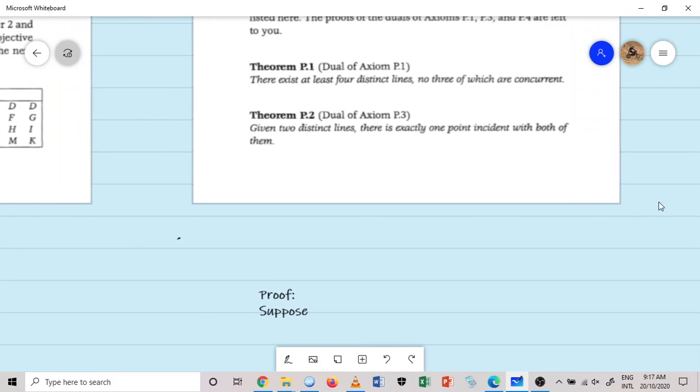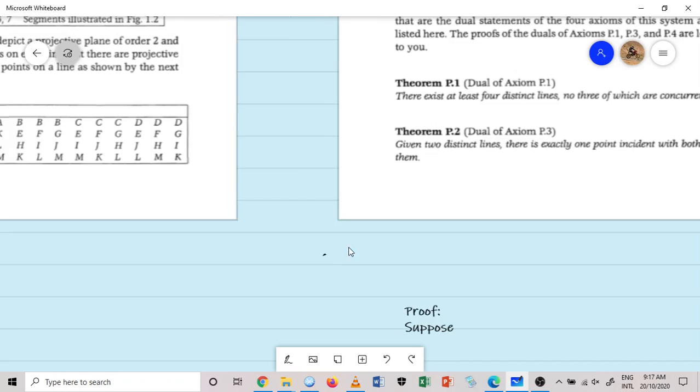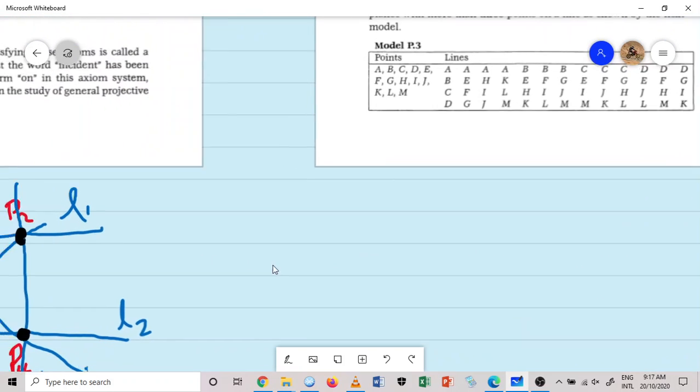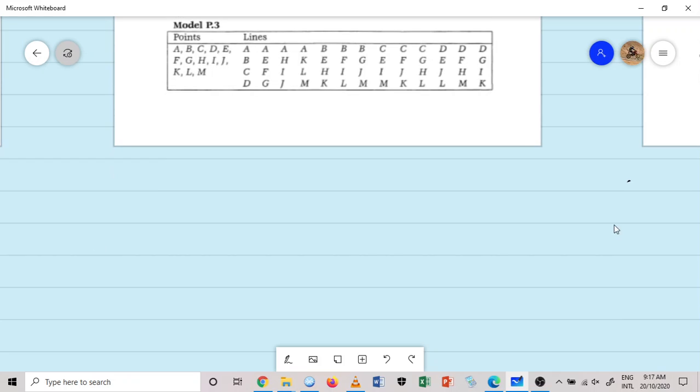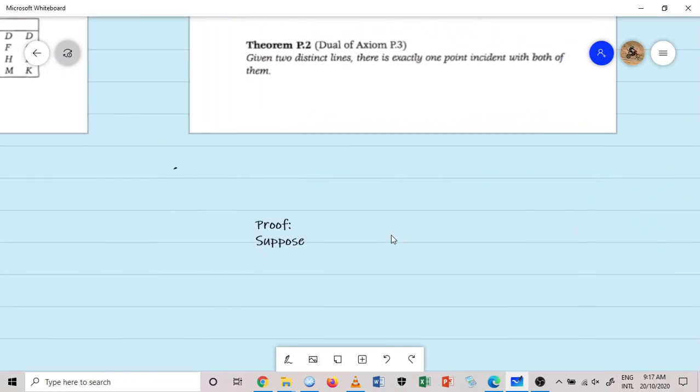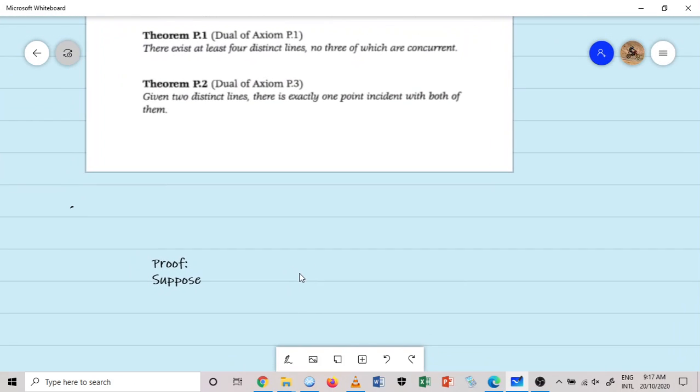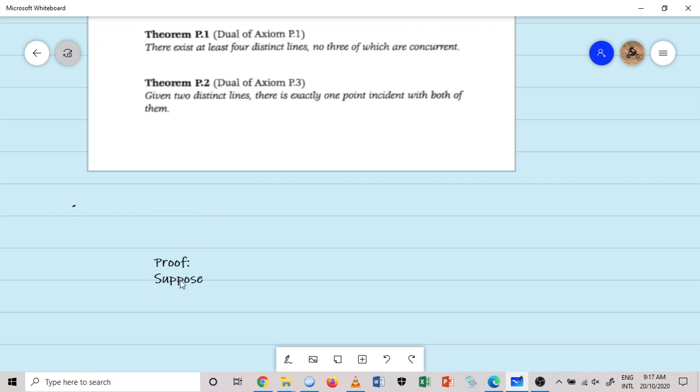Take note that we will just use these 4 axioms of the finite projective plane. We shall try to prove this using proof by contradiction.